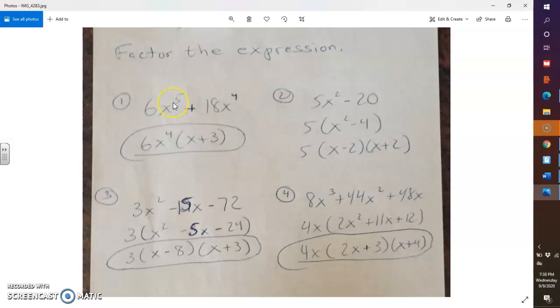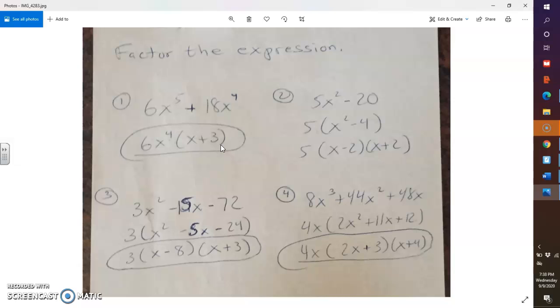But you could break down x to the fifth as x to the fourth times x to the 1. So you can take an x fourth out of both of them. So we take a 6x to the fourth out. 6 divided by 6 is 1, and we're left with an x behind, so it's just x. And then here, the x to the fourth comes out, but 6 out of 18 is 3, and we get x plus 3.